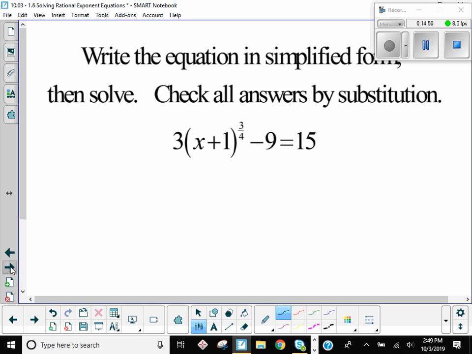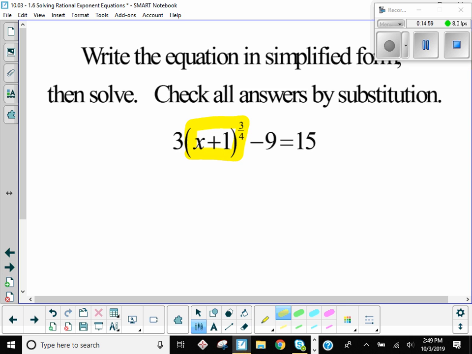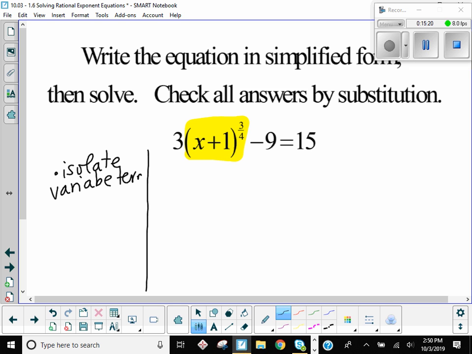All right, on this one, it's not isolated yet. So we have to do some of that pre-work to get the variable term all by itself. I need it by itself. Right now it has a times 3 on the outside and a minus 9 on the outside. What do I have to take care of first? Add 9, right? So isolate the variable term is what we're doing first, by adding 9.